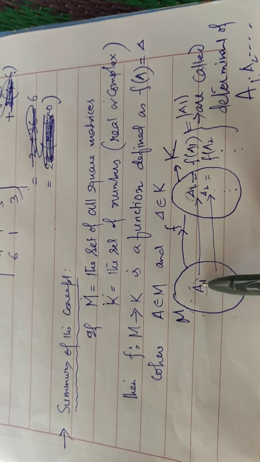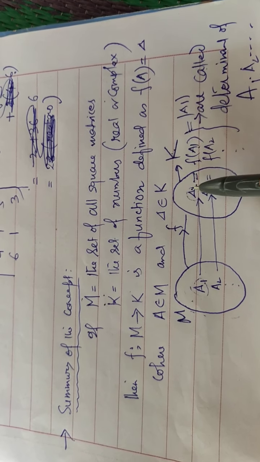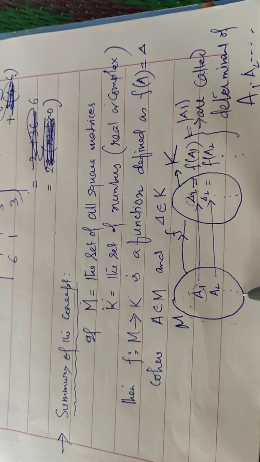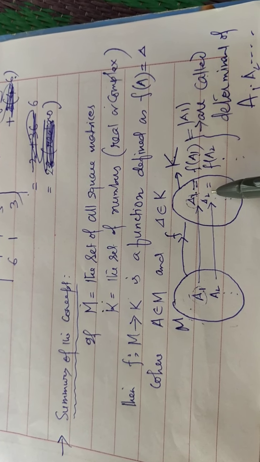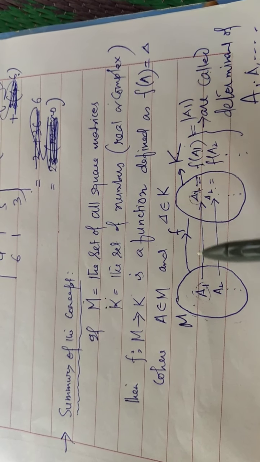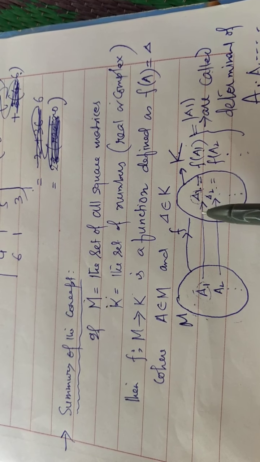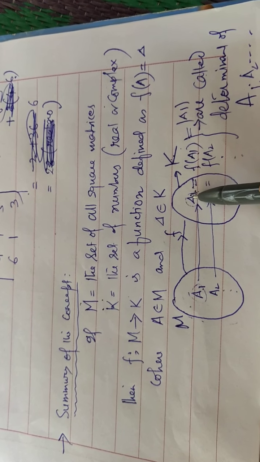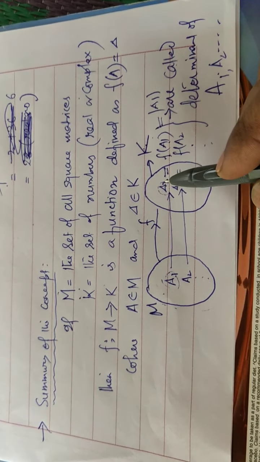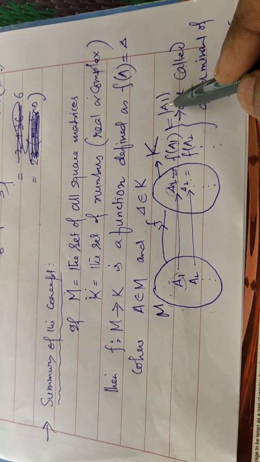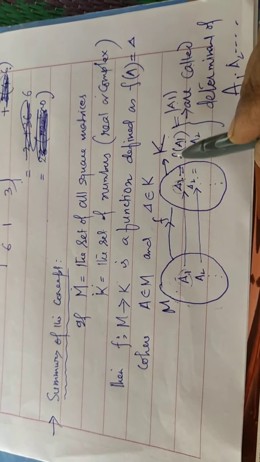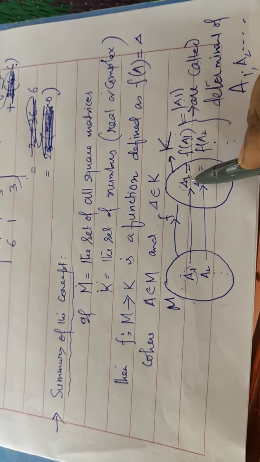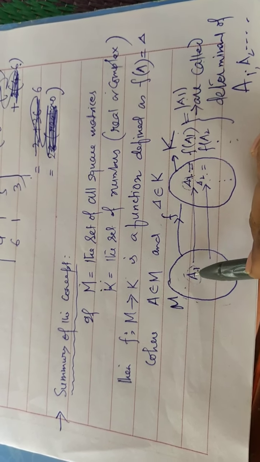Here you see every square matrix is associated with a number, and that number belongs to K. Similarly, every element in M is related to some element of K. And that particular relation is a function, because every square matrix is uniquely related to some number in K, and that number is denoted by determinant of A. The image of A1 under F is F(A1), and F(A1) equals delta 1, which is nothing but the determinant of A1.